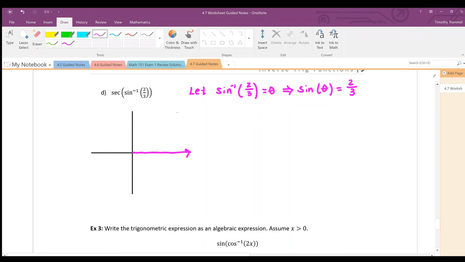And again, as long as we sketch the angle in the correct quadrant, even if things aren't to scale here, the math will all work out. Okay. Now let's make a triangle out of this. And let me use a different color.